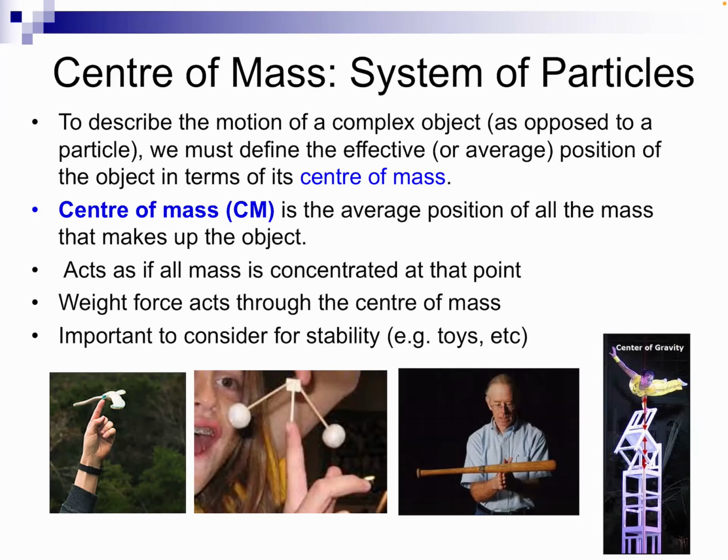You can consider all of the mass of the dragonfly to be concentrated at that point, and that's why it is balanced, because all of its mass is supported by the pen. If you try to balance the dragonfly at any other point, it won't work. It will surely fall down.